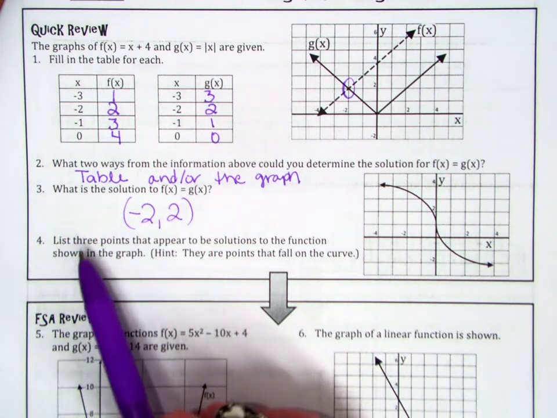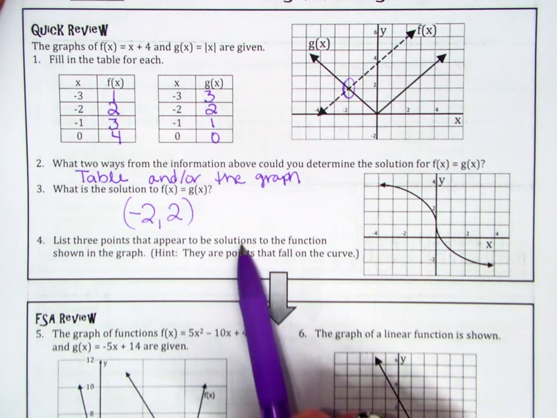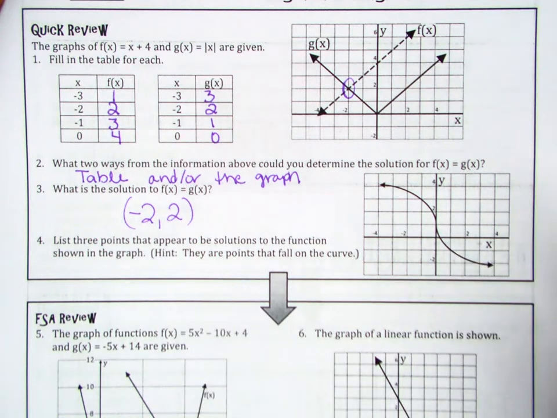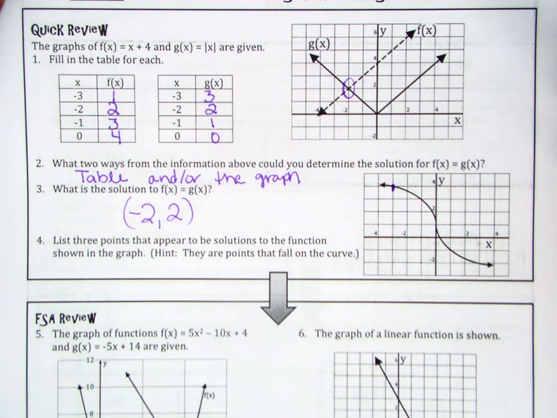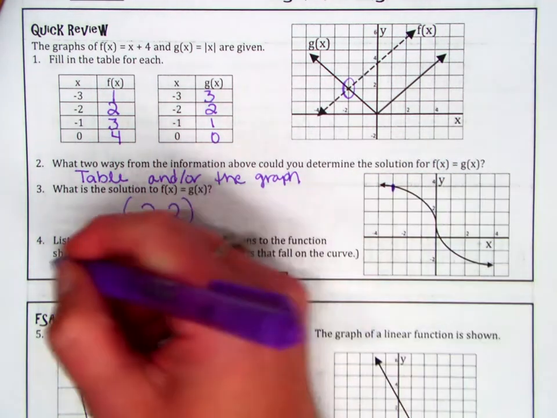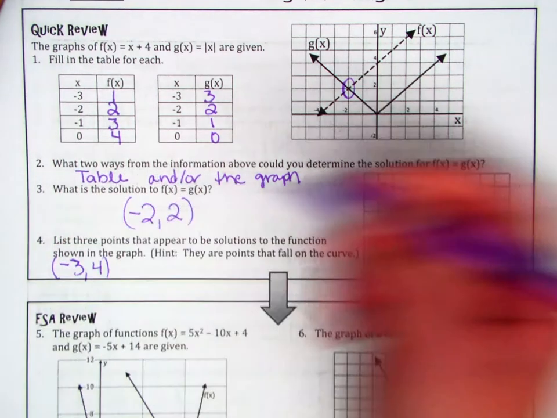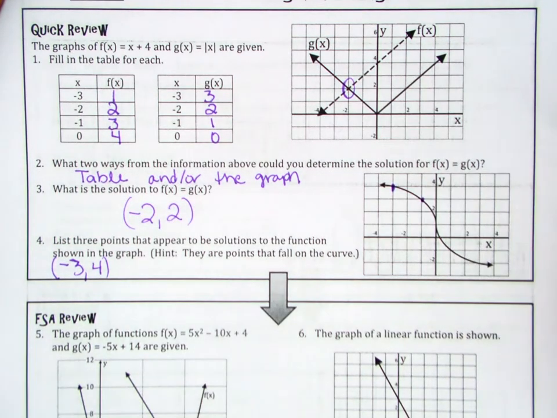All right, so for number 4, all we're doing is reading the graph. So you want to list 3 points that appear to be solutions to the function shown in the graph. Hint, they are points that fall on the curve. All right, so if I look here, this point looks like it falls on the curve. So my x value there is negative 3. My y is a positive 4. All right, I would say that that point also lies on the graph.